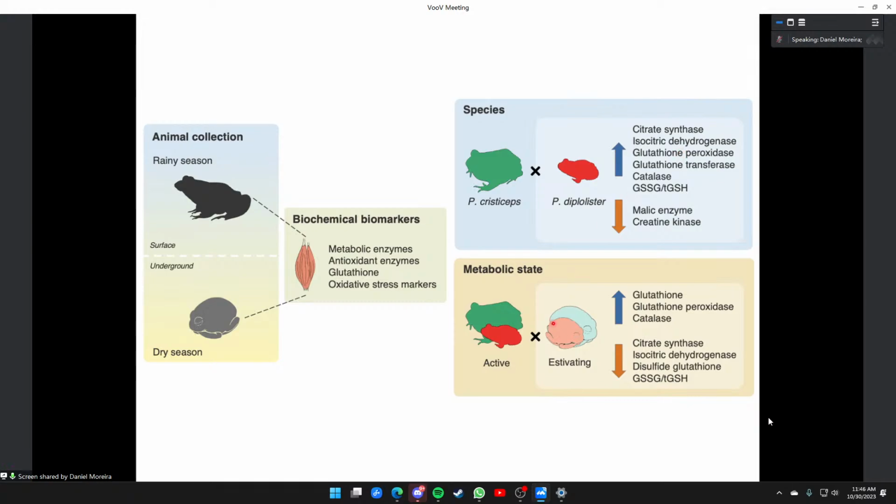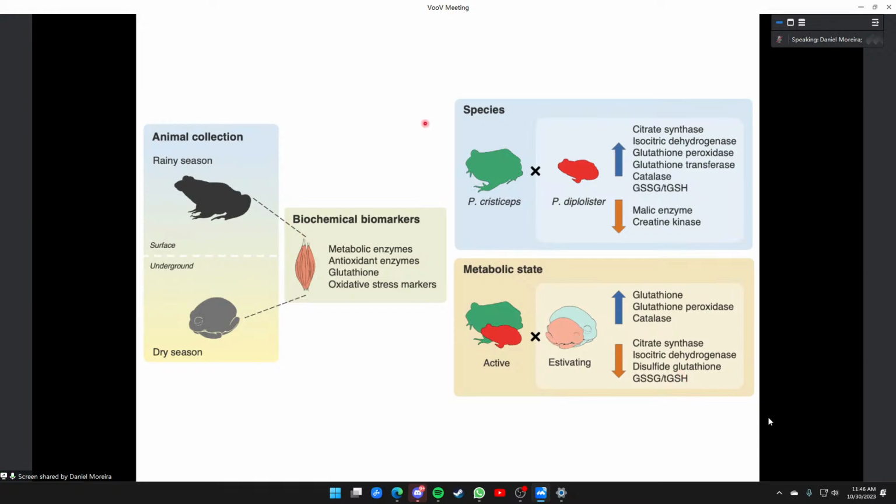And when we compare active versus estivating animals, putting together both species, we saw an increase in glutathione levels, glutathione peroxidase activity, and catalase activity, which were associated with lower metabolism at the enzymatic level, a lower level of GSSG, and a lower degree of glutathione oxidation.